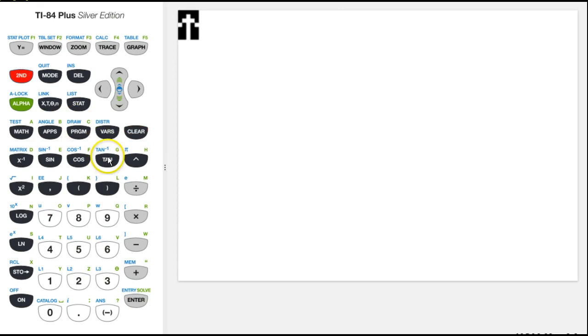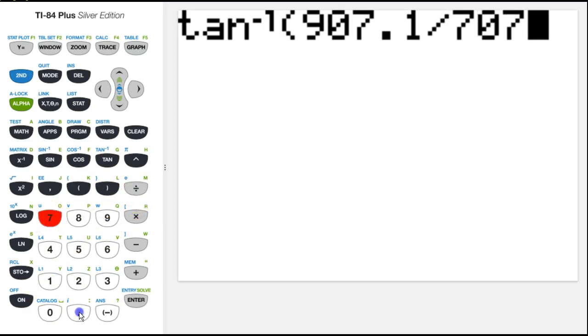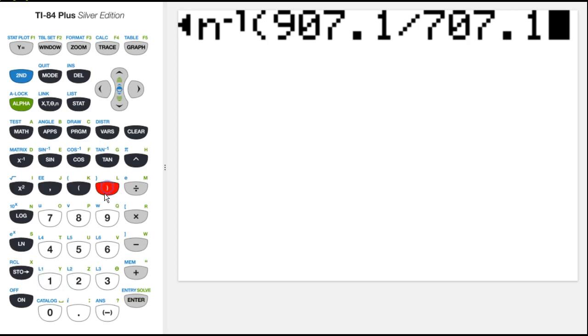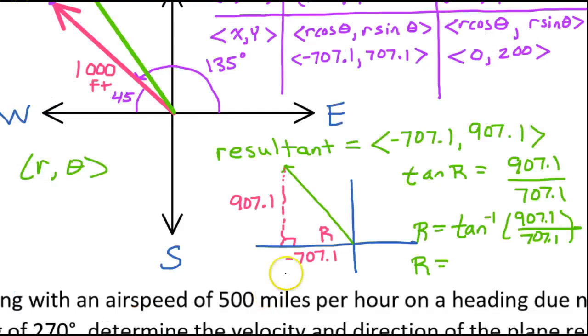Okay, so I'm doing the inverse tangent of 907.1 over 707.1. So my angle is 52.1 degrees. Got to round up a little there. Okay, so that angle is 52.1 degrees.